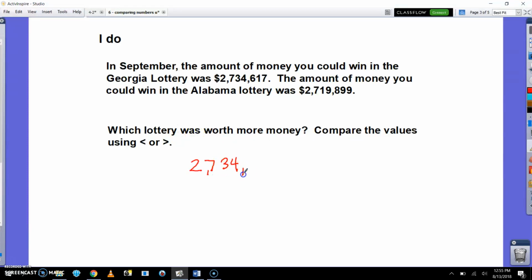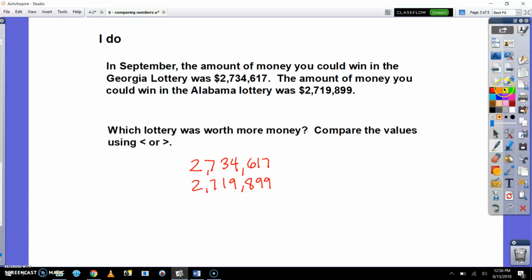So 2,734,617. And then I'm going to put the Alabama number right below it, but I'm going to make sure each place is under the same place in this number. So 2,719,899. Alright, so they're lined up perfectly over each other.